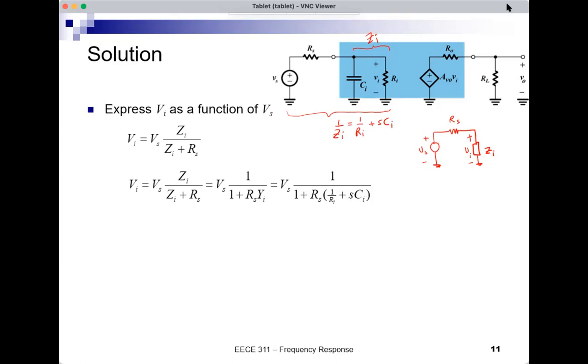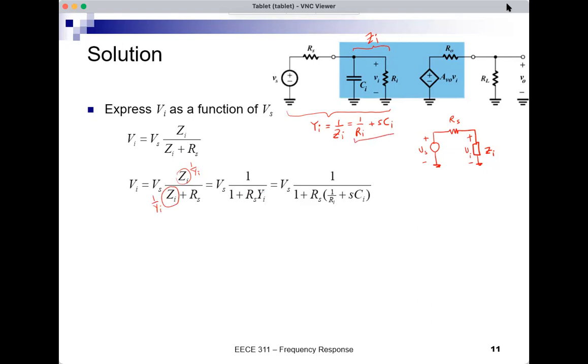So that's Yi. We call this Yi. We can refer to this as admittance. So instead of writing the voltage divider formula as Zi over Zi plus Rs, I can write it in terms of Yi. So this is 1 over Yi, and this is 1 over Yi. And then you get 1 over 1 plus Rs times Yi.